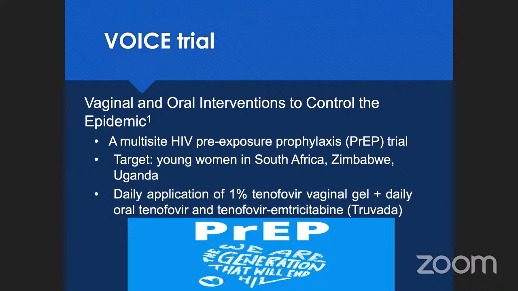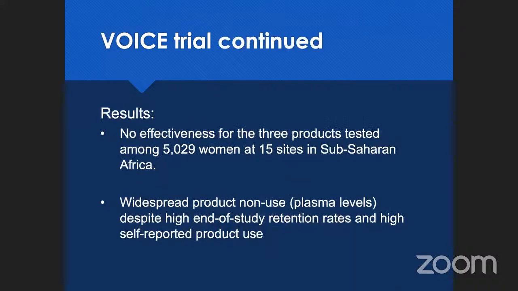An example of that is the FACTS trial, which is the evaluation of vaginal and oral interventions to control the epidemic, a multicenter HIV pre-exposure prophylaxis trial targeting young women in South Africa and Uganda, with a daily application of 1% tenofovir gel and a daily oral dose of tenofovir phosphate.